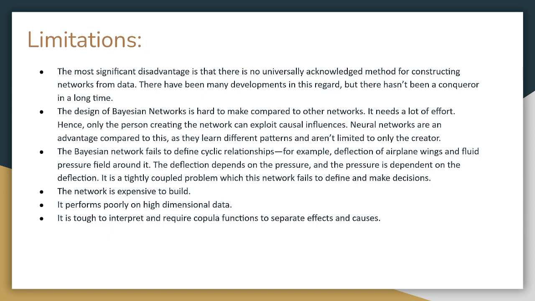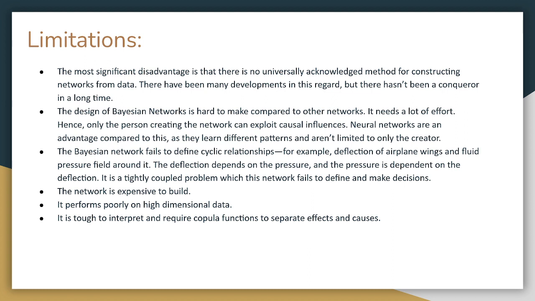There are some limitations also. The most significant disadvantage is that there is no universally acknowledged method for constructing a network from data. There have been many developments in this regard, but it hasn't been conquered in a long time. The Bayesian network fails to define cyclic relationships, for example, deflection of airplane wings and the fluid pressure field around it.